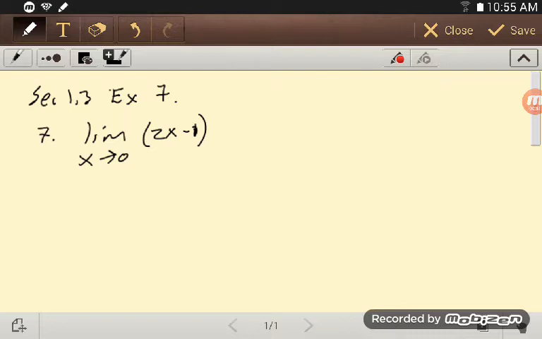Now, for polynomials, exponentials, square roots, all of that, if you are at a place where you can simply plug this in, we call that direct substitution.